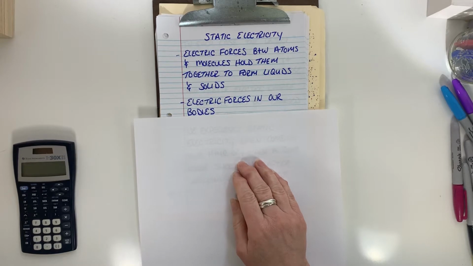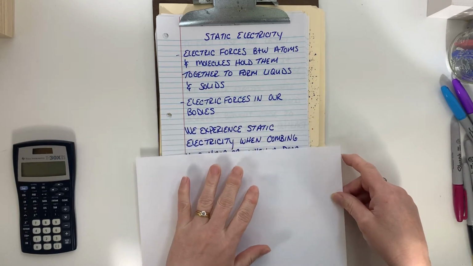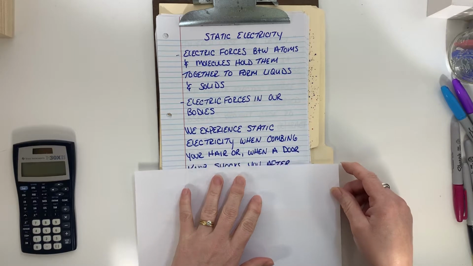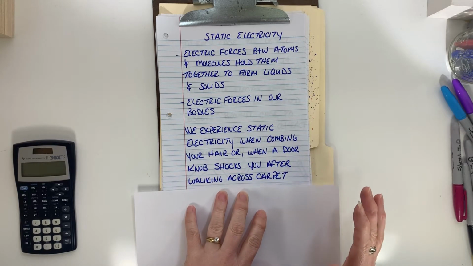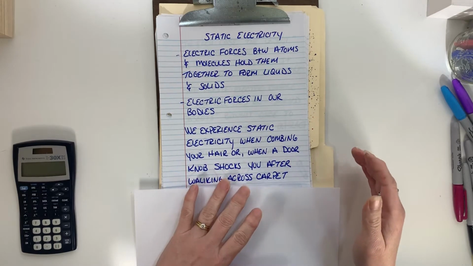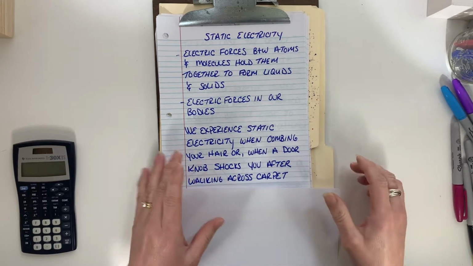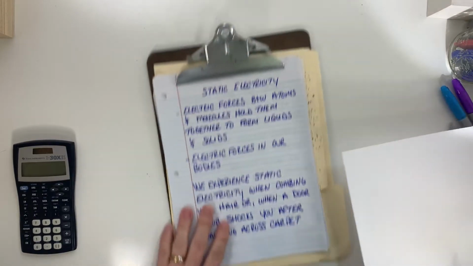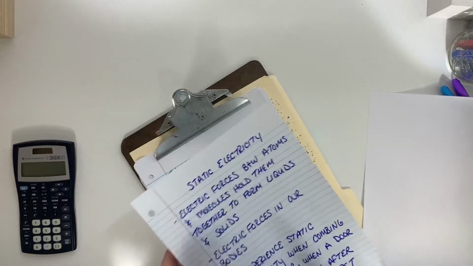So it's important that scientists have studied electricity, and we're just going to do a little bit of an overview here to get started, okay? We experience static electricity when we comb our hair or when you touch the doorknob and it shocks you after walking across the carpet, okay? So we know what static electricity is and we've observed it, but let's keep talking about how that happens.